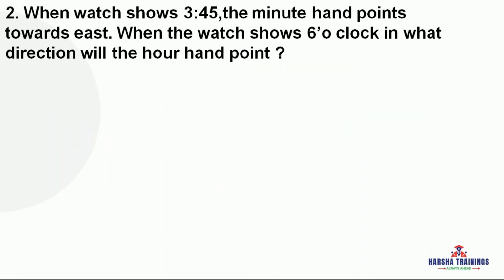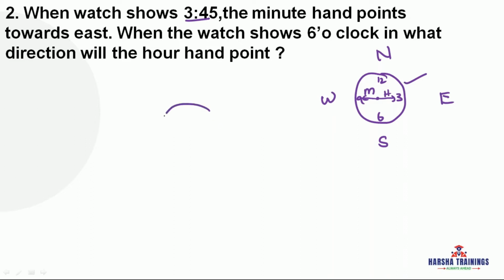When the watch shows 3:45, the minute hand points towards east. When the watch shows 6 o'clock, in what direction will the hour hand point? Don't change the directions. The direction is fixed: north, east, south, and west. At exactly 3:45 on the clock, 12, 3, 6, and 9: the hour hand shows the 3 side and the minute hand shows the 9 side.